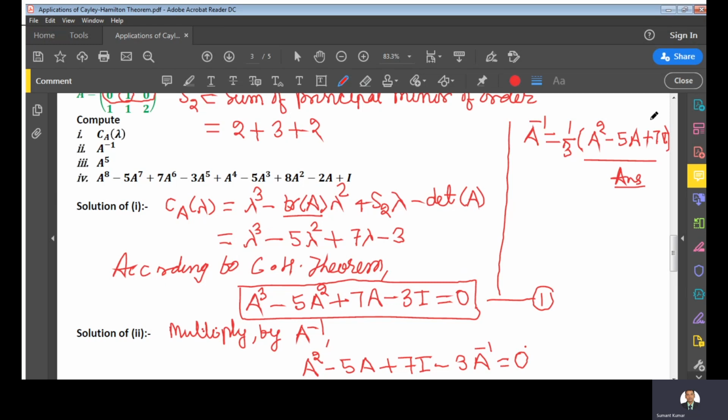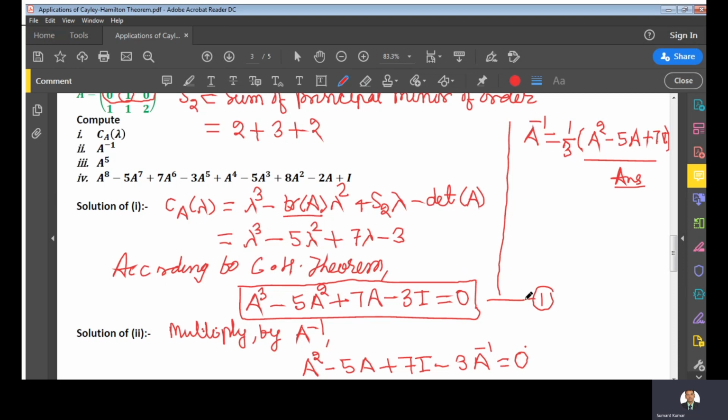Now you will find the power of the matrix. So how will you find the power of the matrix? Using the Cayley-Hamilton theorem. Let us take equation number 1 for reference. We will shift the rest of the 3 terms to the right of equation 1.